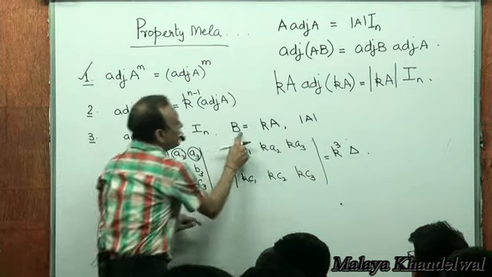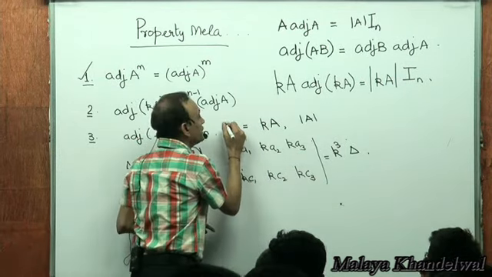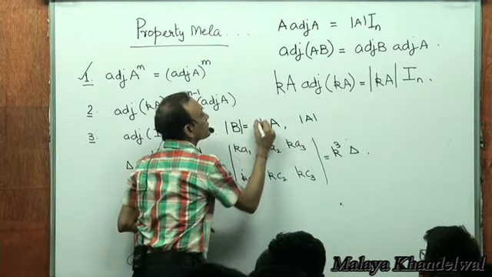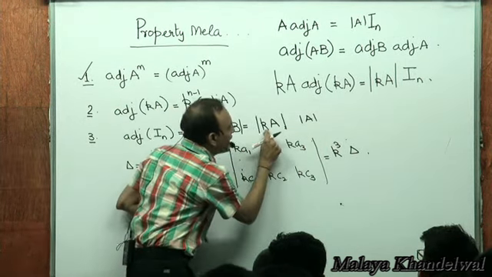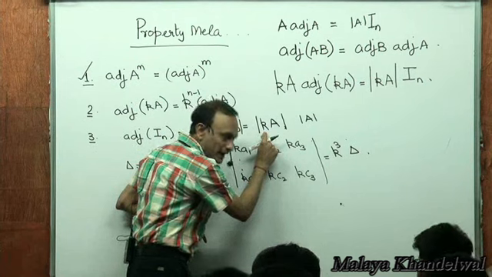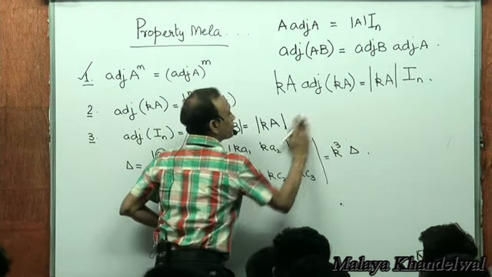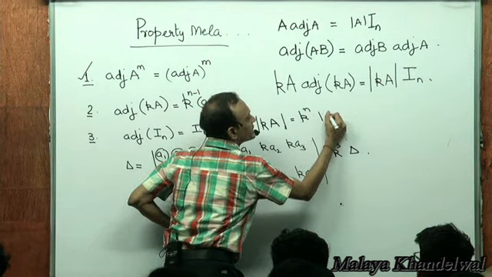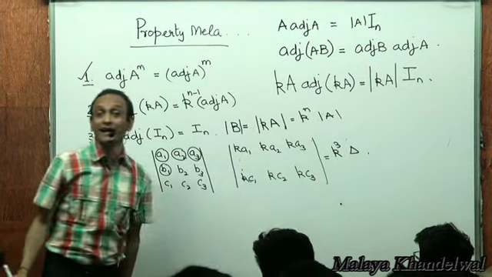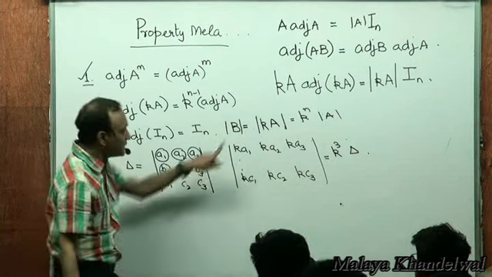So if B is K times A, then the determinant of B would be the determinant of KA. KA means every entry of A is multiplied by K. Then this will become K to power n times determinant A, isn't it?